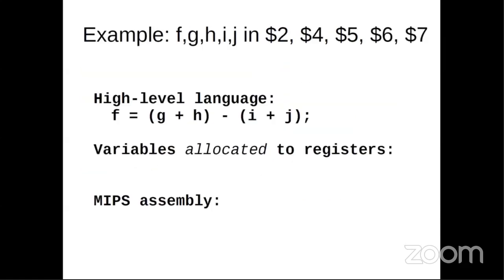So here we see an example of an expression written in a high-level language that's rather complicated. Let's assume that the registers have been allocated for the variables F, G, H, I, and J as $2, $4, $5.